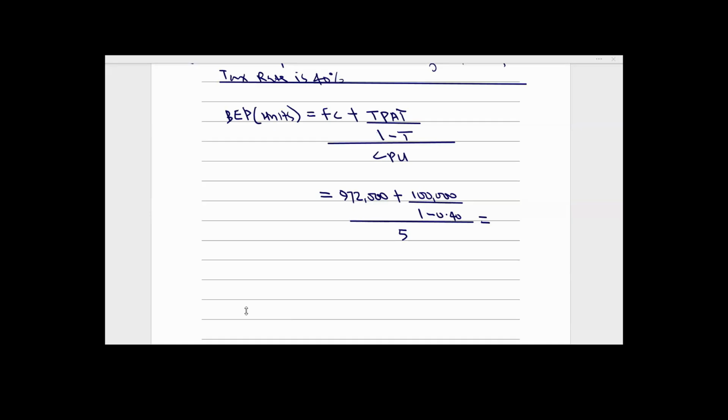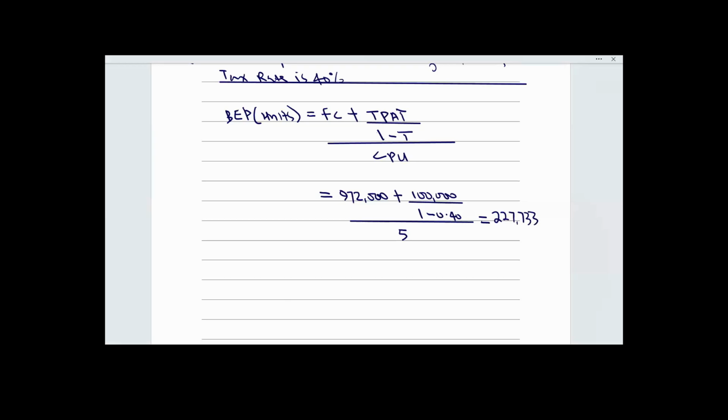So 100,000 divided by 1 minus 0.4, that's 0.6, equal, then plus 972,000 naira equal. That's 1,138,666.67. Then divided by 5. That is 227,733.